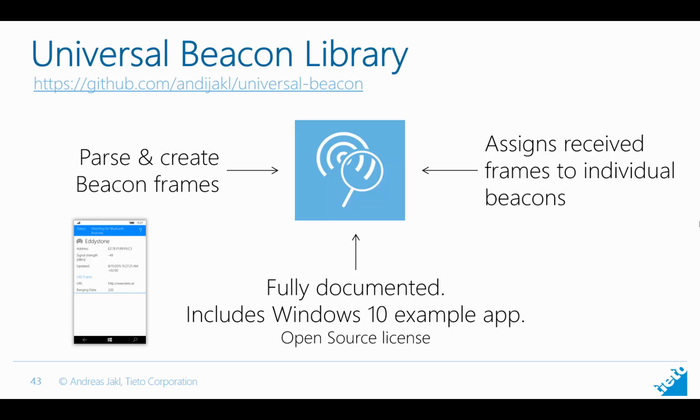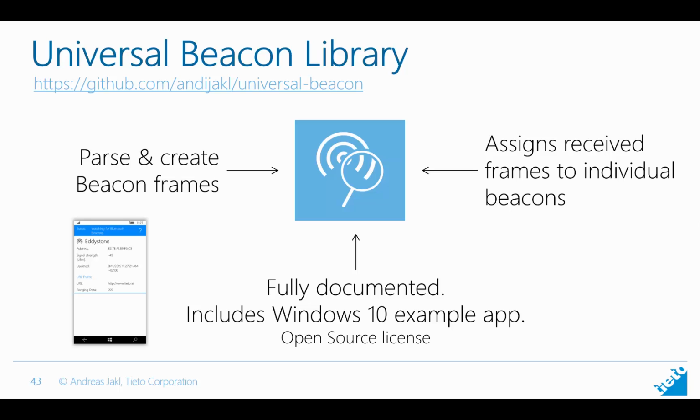First of all, it will assign the received frames to individual beacons, because if you have several beacons in your surroundings, all of them transmit all the time, you need to match this advertisement was from the first beacon, the other advertisement was from the second beacon, and then the first beacon sends again. So you always need to match the frames to the physical beacons that are actually around you.